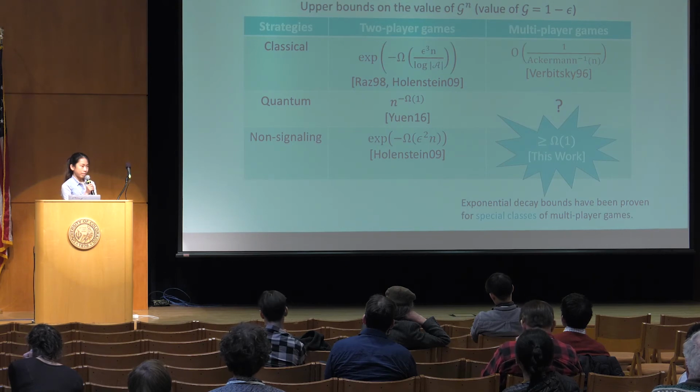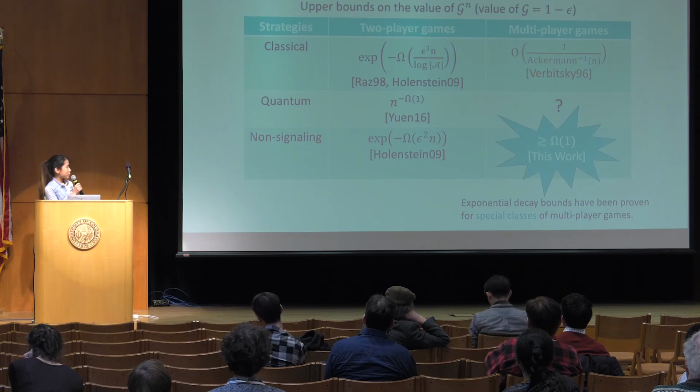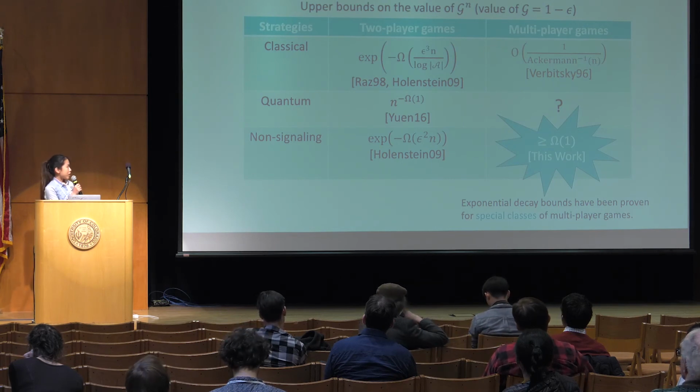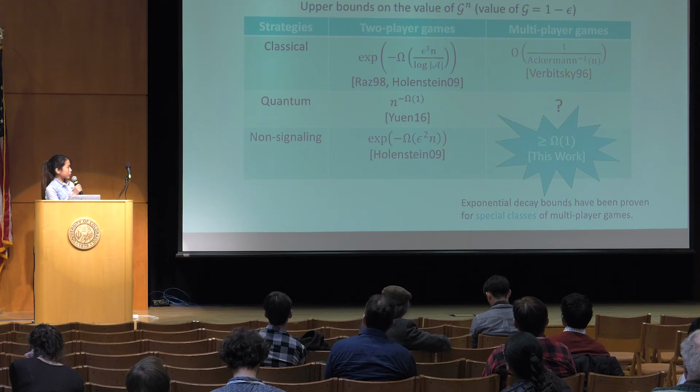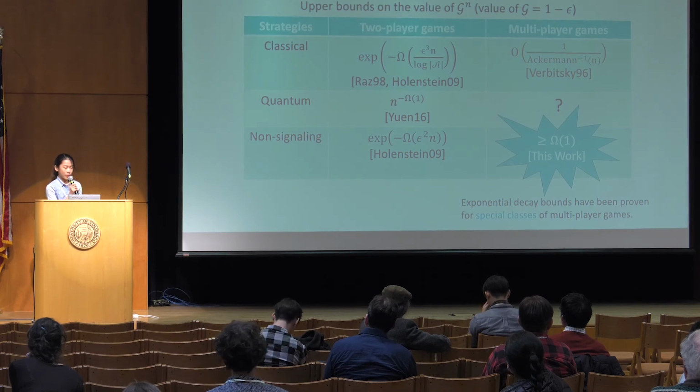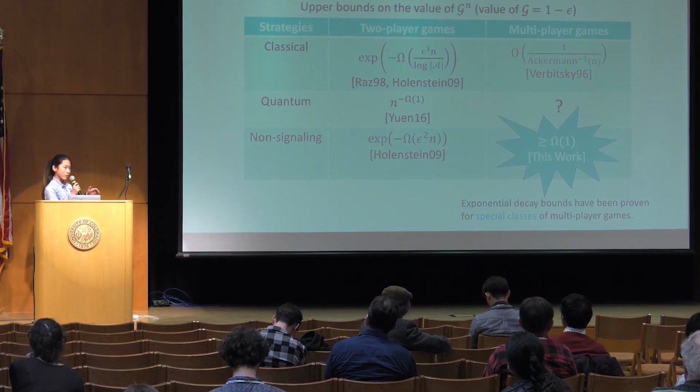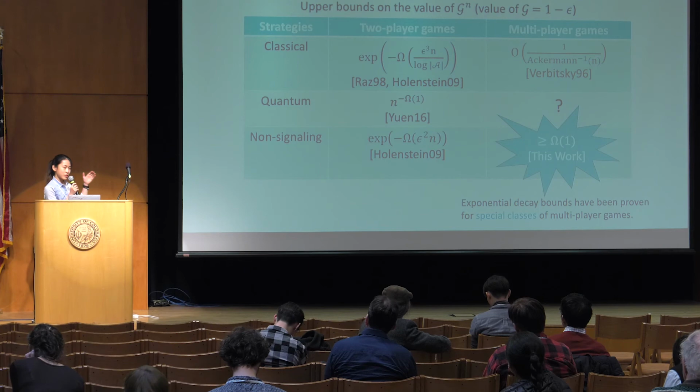I see. So the thing is that it doesn't quite work. A bound for non-signaling won't imply a bound for quantum, just as a bound for quantum won't imply a bound for classical.